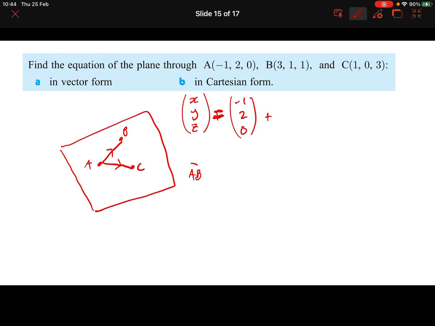So AB is going to be 3, 1, 1 minus minus 1, 2, 0, which is equal to 4, minus 1, 1.